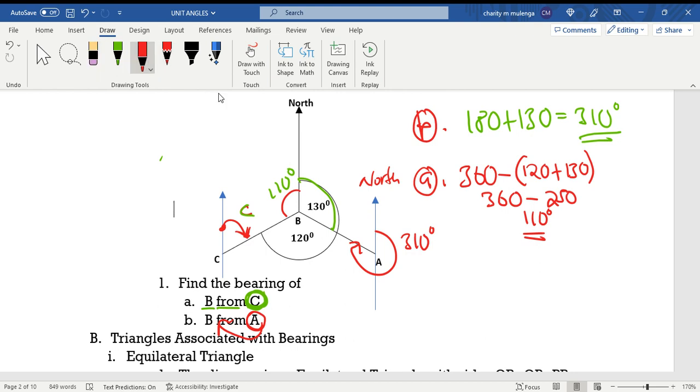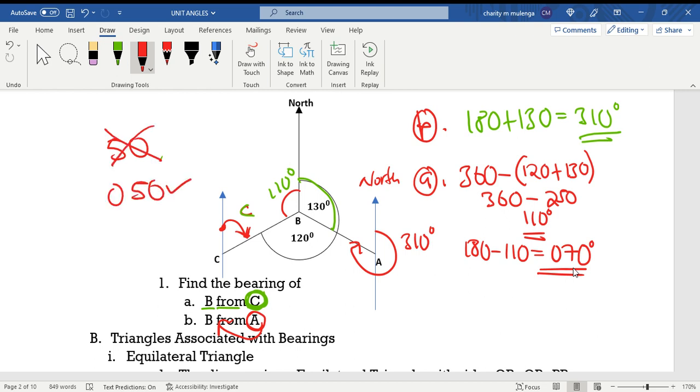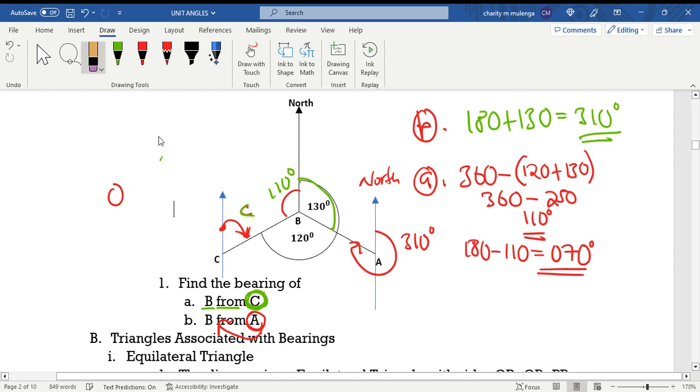The last thing you're going to do is say 180 minus 110 is going to give us 070 degrees. Remember, a bearing must always be 3 digits. So if you write bearing like this, it's wrong. If you write it like this, it is correct. So bearings are slightly different from normal angles because of that. Thank you so much. We have come to the end of this second lesson of bearing.